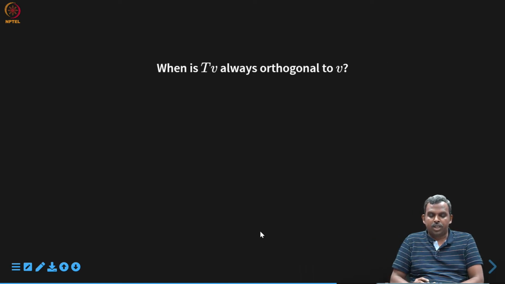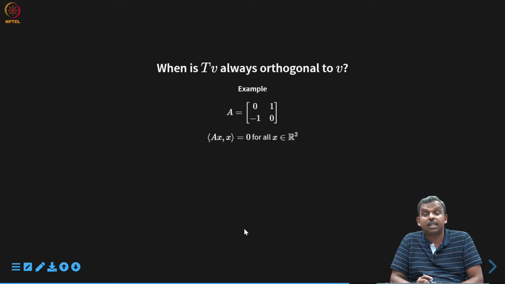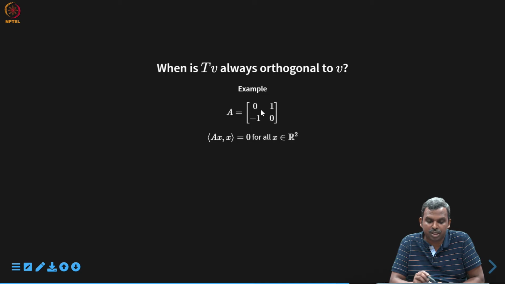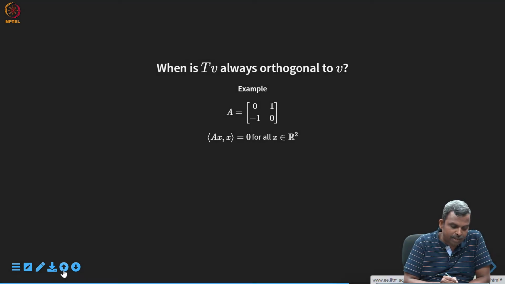The next question to ask is: what about ⟨TV, V⟩? Can it always be zero, that is, orthogonal? It turns out it's possible in the real case. The example I considered before, [0, 1; -1, 0], is this interesting case. It's sort of like a 90-degree rotation if you think about it. If you take any real x, you will have ⟨Ax, x⟩ being 0.